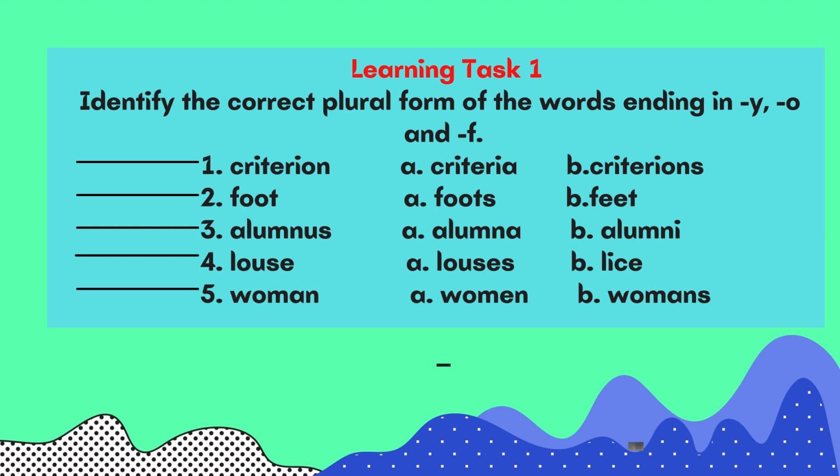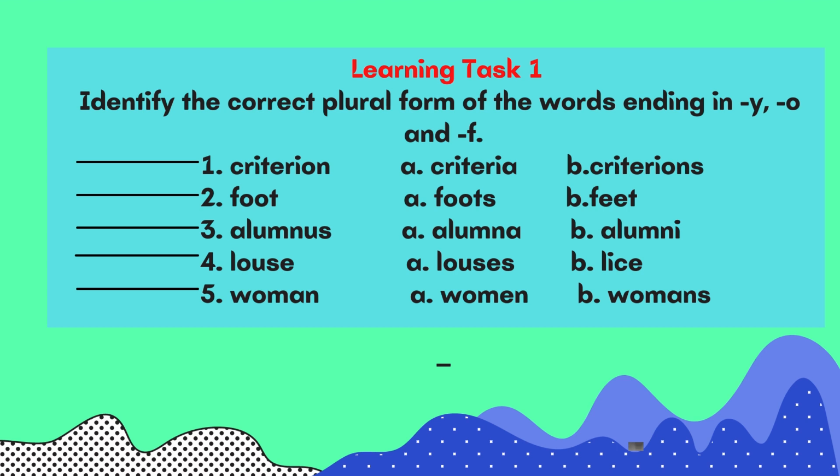So you are going to choose from A, criteria, B, criterions. Number 2, foot. Is it foots? That's for A. And for B, feet. 3, alumnus. Is it A, alumna, or B, alumni?